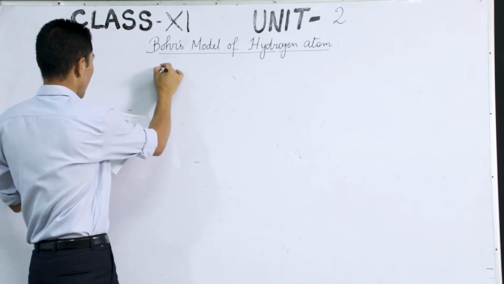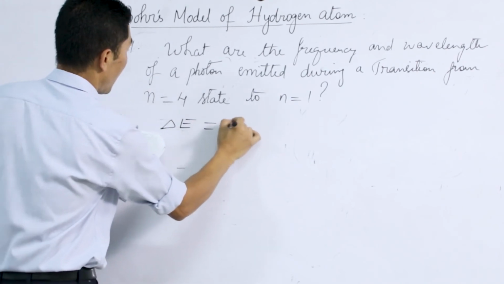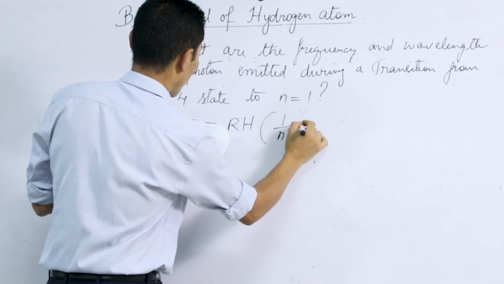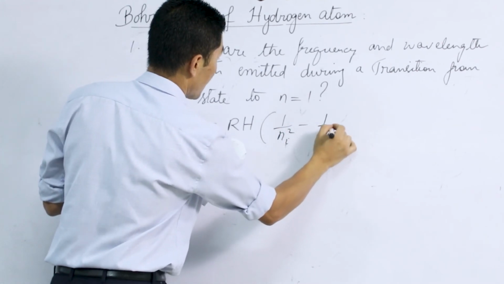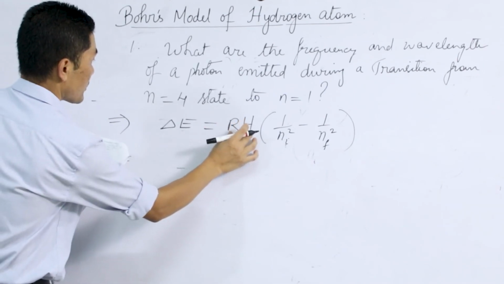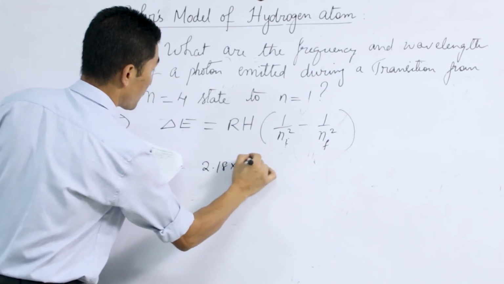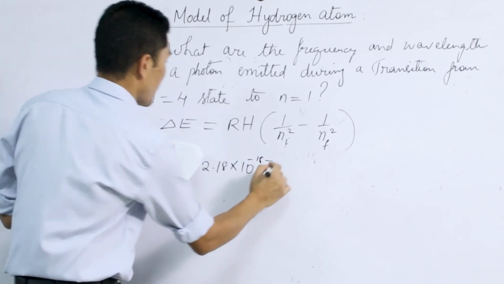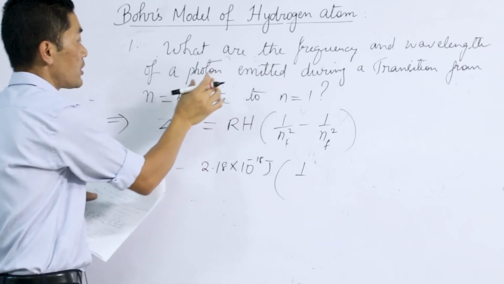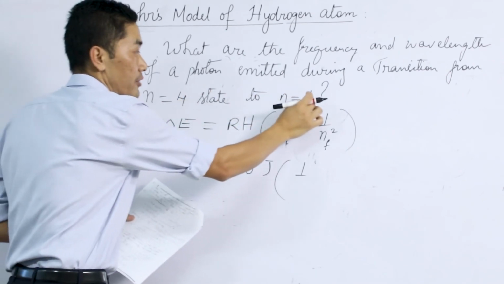The first one: we have delta E equal to RH into 1 by Ni square minus 1 by Nf square. RH, its value is 2.18 into 10 to the power minus 18 joules. Since the electron jumps from the fourth state to the first state, this will be the initial state and this will be the final state.